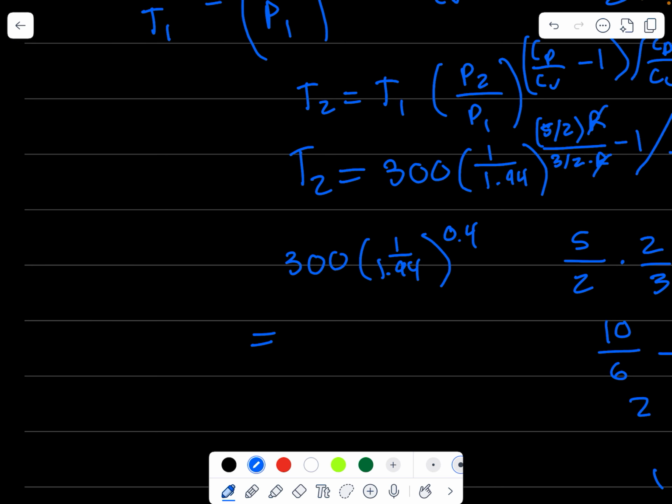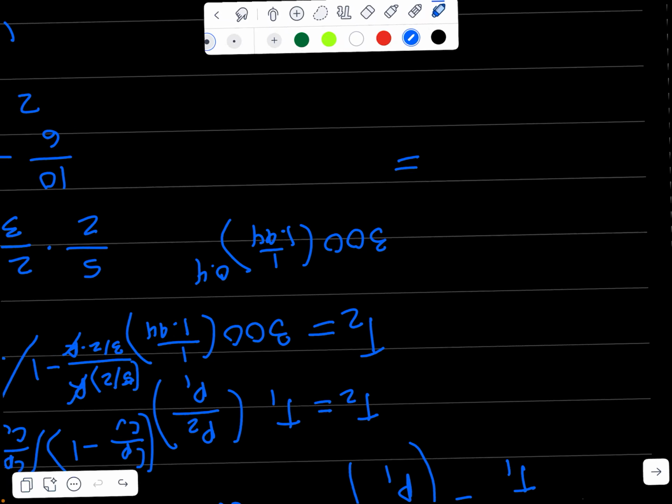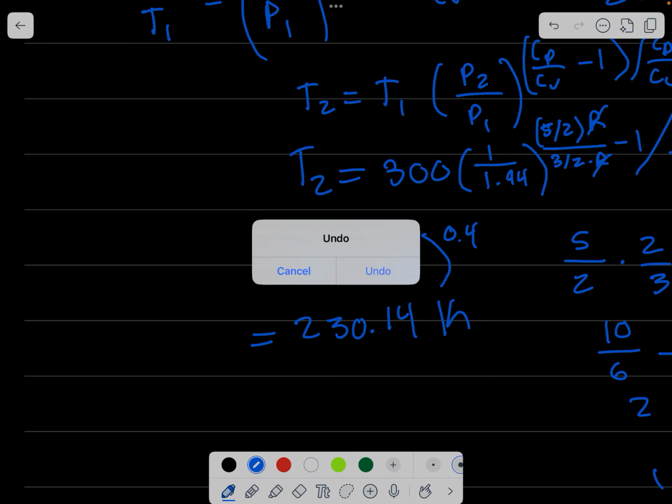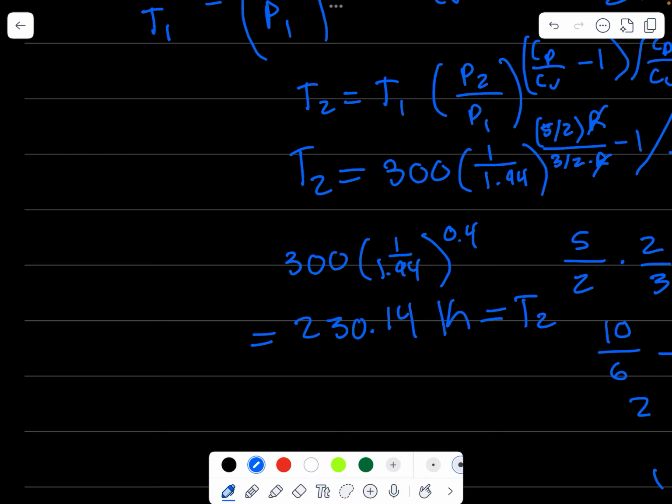And then doing a little bit of math in my calculator, I get the value of 230.14 Kelvin. And that's going to equal our T2 value. Perfect. All right, so let's continue on solving this problem now.